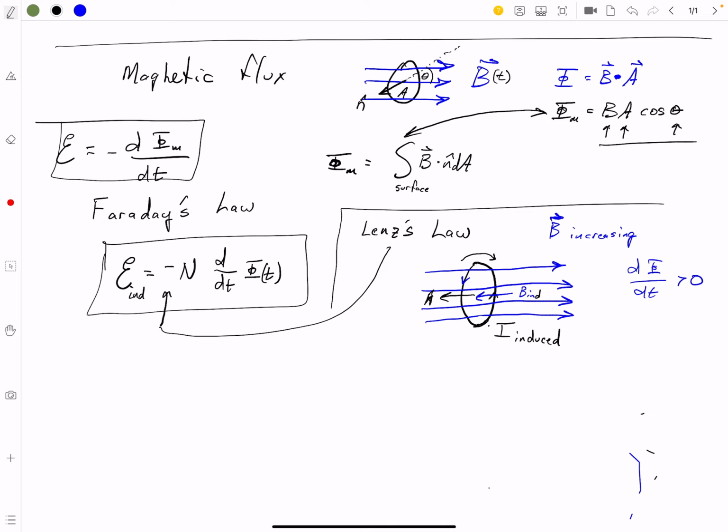Fighting it, it opposes it, okay? So in order to oppose it, that's the only way to do it. You say, oh, well, which direction does my current have to flow so that it opposes it? And then you do your current in that direction, okay? So if at first you've drawn it wrong, then you redraw it and do it right.